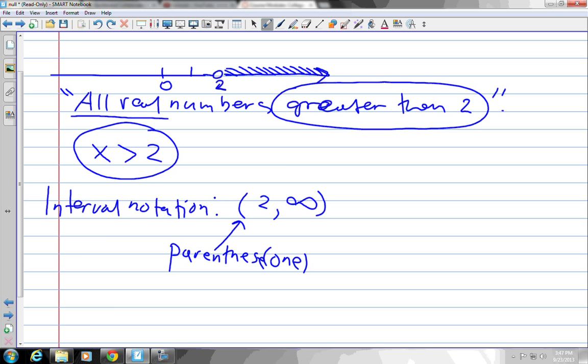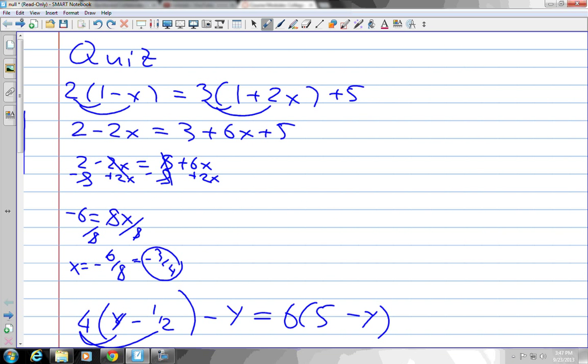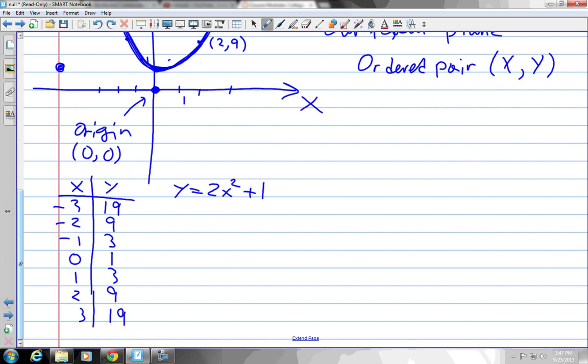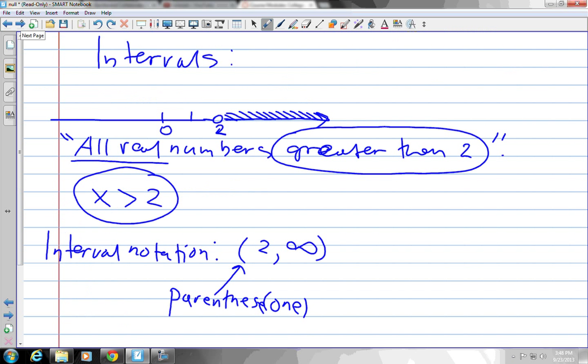Okay? Now, this is probably going to confuse you all, because the notation is very similar to the ordered pairs that I just introduced. We have to understand that, even though the notation is the same, the things are not the same. This is an ordered pair, just a point on the plane, while this is an interval on the number line. So don't confuse the two.